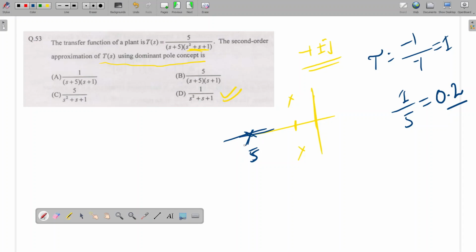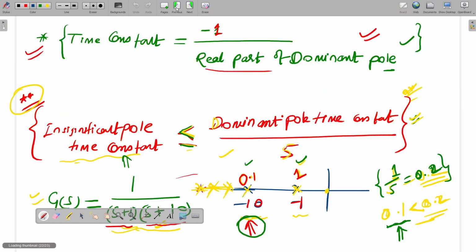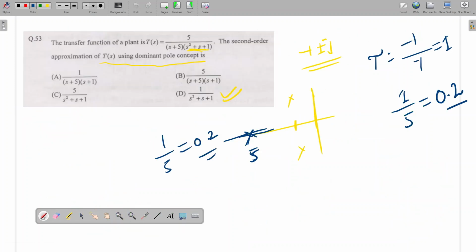So what is the time constant for this one? It is 0.2 only, 1 by 5. So this rule is there: if it is equal to or less than, then it can be neglected. Here we are getting 0.2 for this one and 0.2 for the other also. So S plus 5 can be neglected in time constant form.